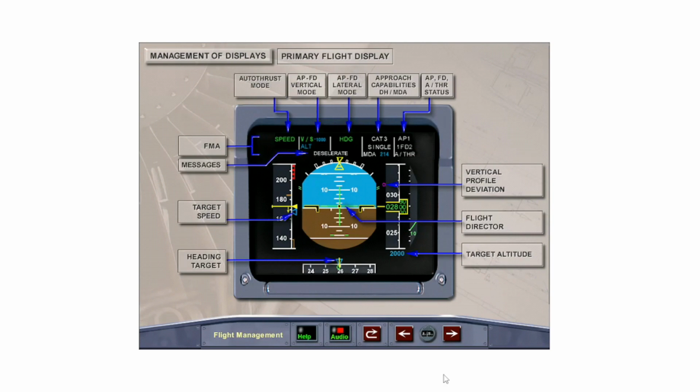The FMGC displays the following information on the PFD: armed and engaged modes on the Flight Mode Annunciator or FMA, FMGS computed targets for speed, altitude, and heading, deviation from optimum descent profile, messages if any, and navigational guidance through the flight director.